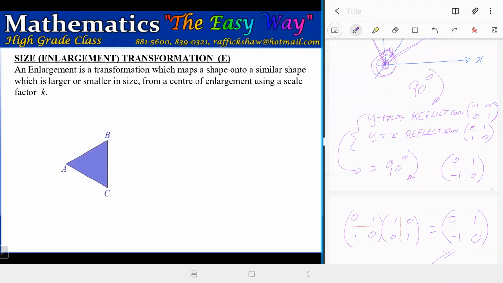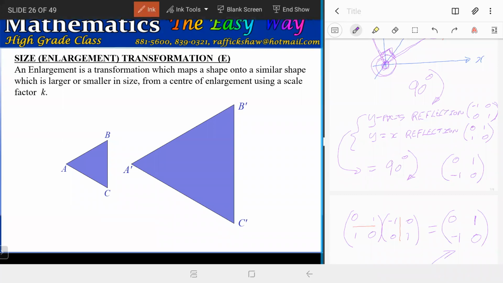Let's say I have this object, triangle ABC, and that image, A prime, B prime, C prime. That means the transformation is an enlargement. What I need to know now is where the center of the enlargement is, and what the scale factor is. In other words, what do I multiply the sides of the small triangle by to get the large triangle?